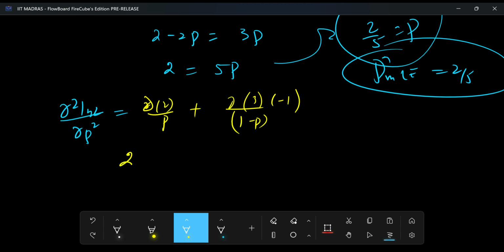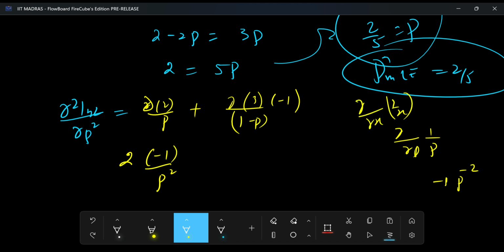What's del upon del p of 2 by p? This is nothing but minus 2 p to the power minus 2. So this is nothing but minus 2 upon p squared. Differentiation of this is something like d by dx of 1 upon x. So we can do one thing, d by dx of x to the minus 1. So power down, x to the minus 2. So this is minus 1 upon x squared.